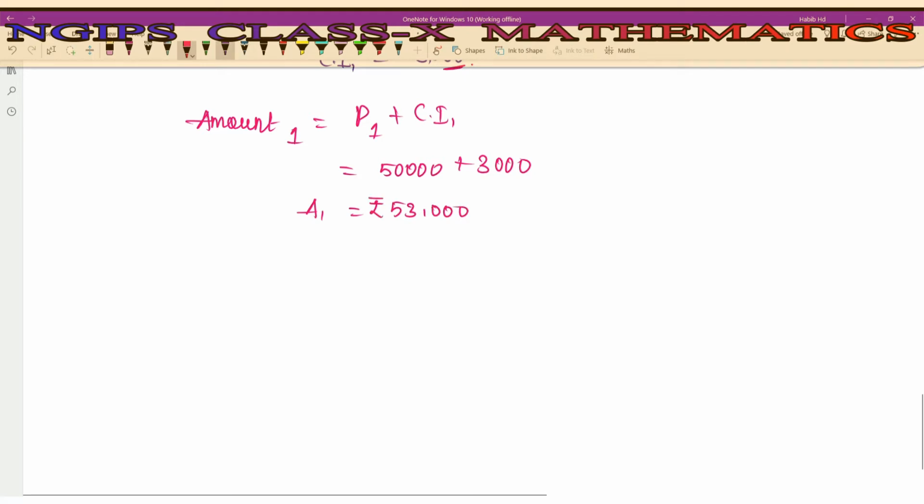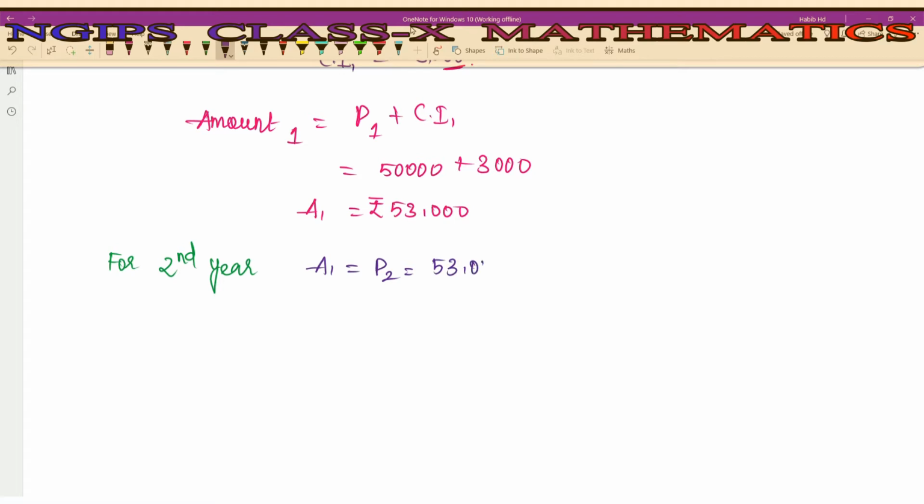Next I am going to calculate for the second year. For the second year, the first year amount is carried forward as the second year principal, which is 53,000, and the rate is R equal to 8%, and the time period is 1 year. So the compound interest for the second year is equal to the second year principal into the second year rate of interest into time period, divided by 100.